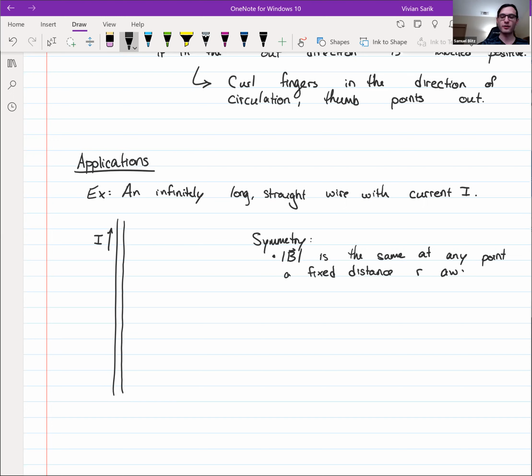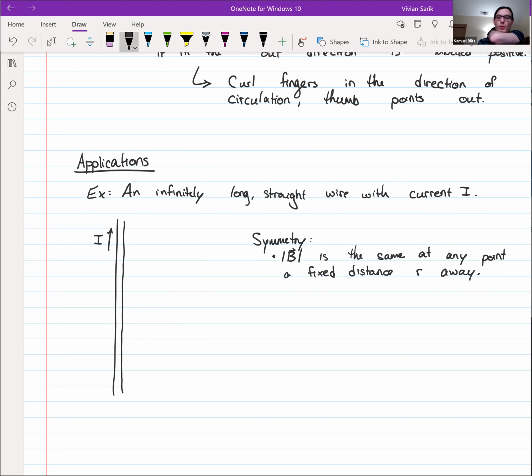So regardless of whether you're over here and that distance is r, or you're over here and that distance is r, this is supposed to be three-dimensional, the magnitude of the magnetic field that you create should be the same. And that's because of this cylindrical symmetry property. It was the same for a long line of charge: the electric field is the same at any given fixed distance.